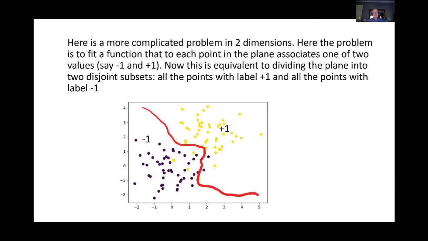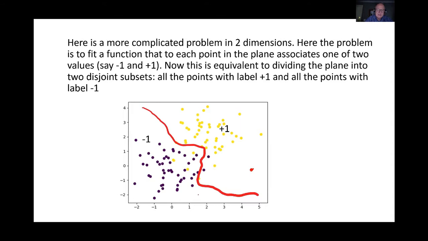Here's a figure that shows what we're dealing with. We have a set of, in this case, 2-dimensional data vectors, and they're labeled. The yellow ones have label +1, and the purple ones have label -1. What we're trying to do is create a model that separates these 2 sets of data points, such that when we get a new data point, say out here, the model will tell us whether it should be labeled +1 or -1.